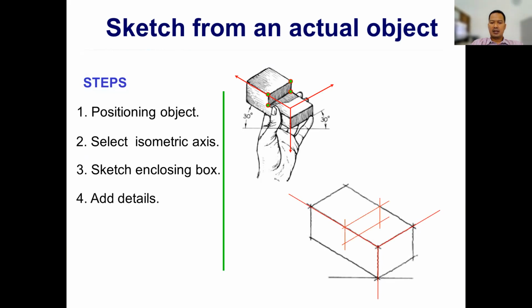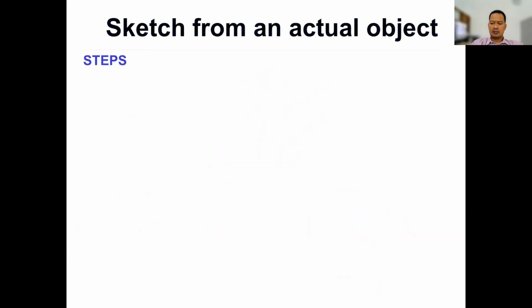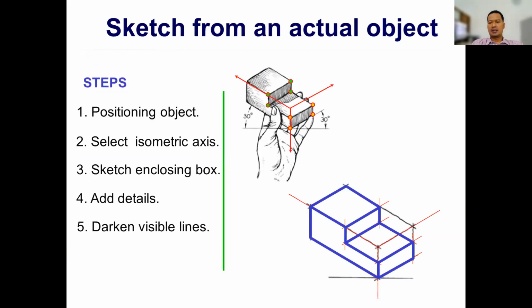And then add detail. You can make a sketch like this. And then take the visible lines. And you will get the object, or the isometric projection, like this.